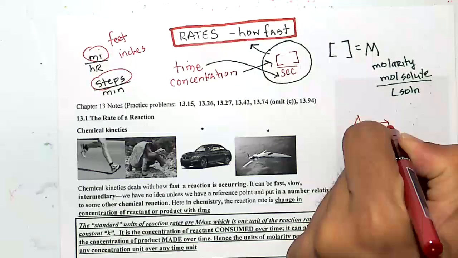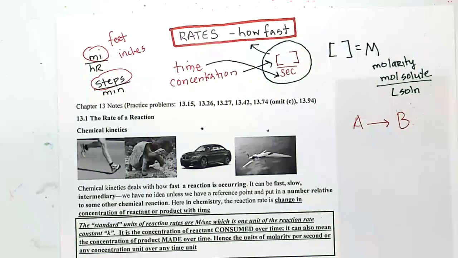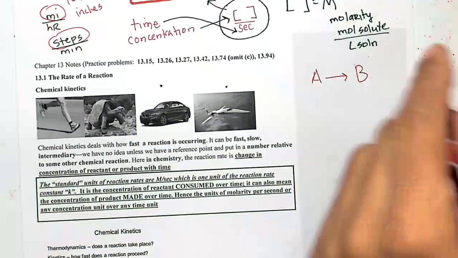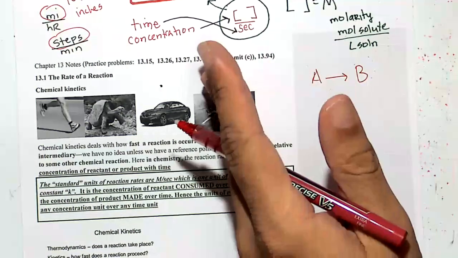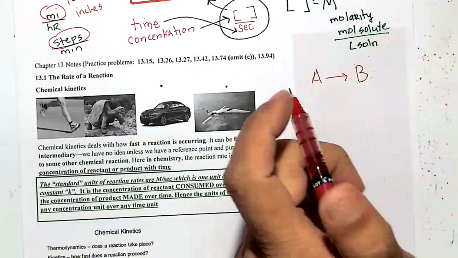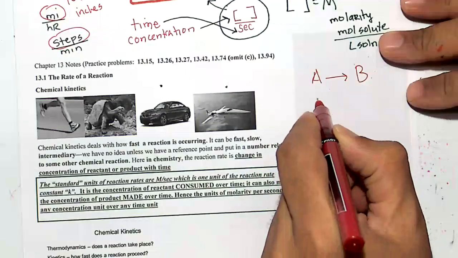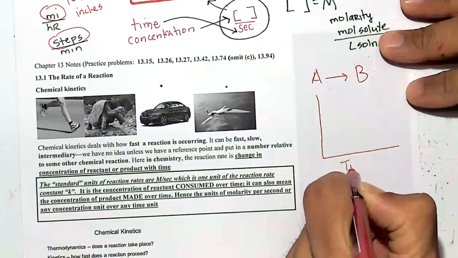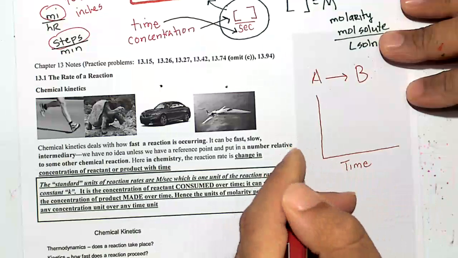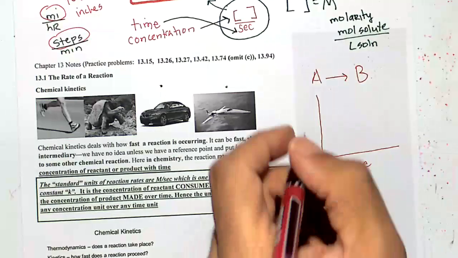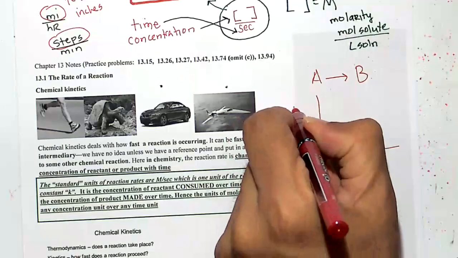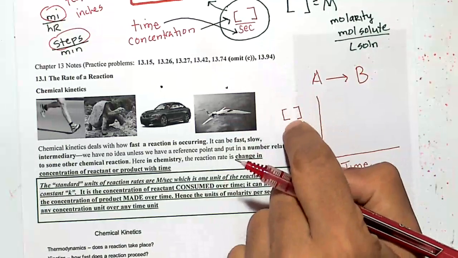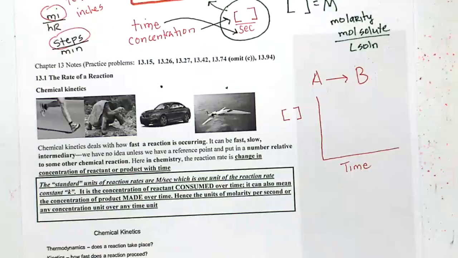So consider this reaction. A goes to B. A is the reactant, B is the product. We're going to plot over time what happens. We'll put time on the x-axis, and we're going to put concentration on the y-axis. Don't forget these brackets mean concentration.